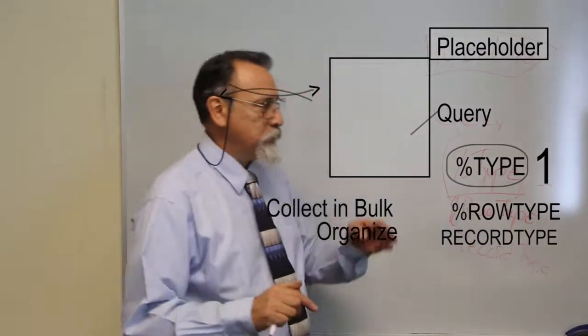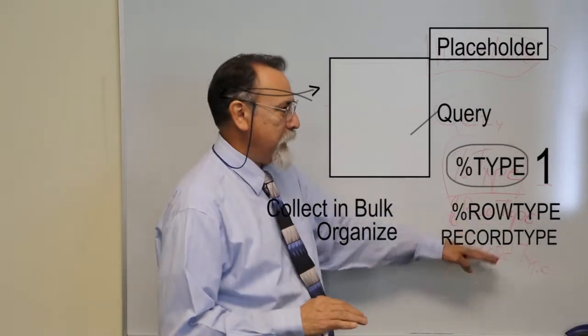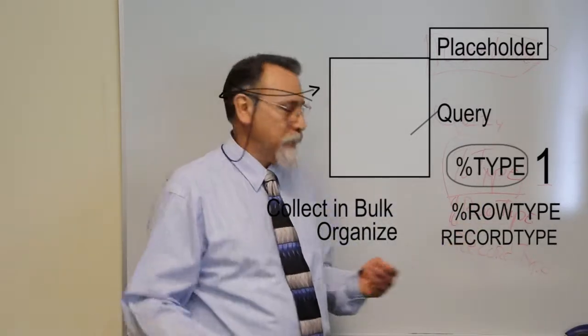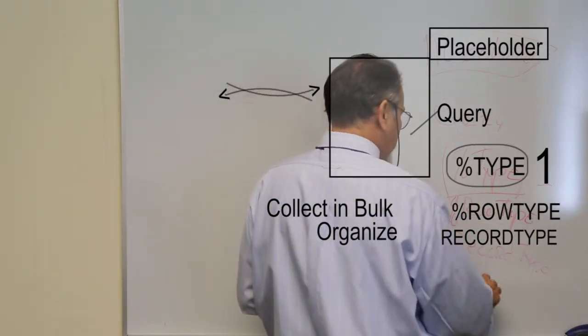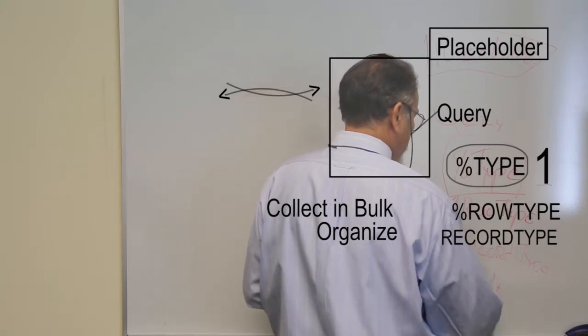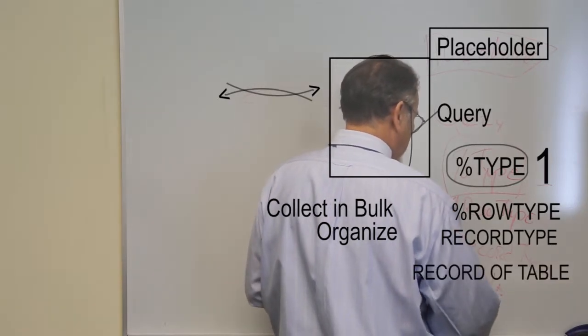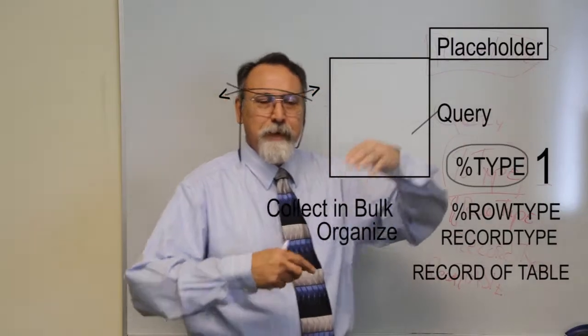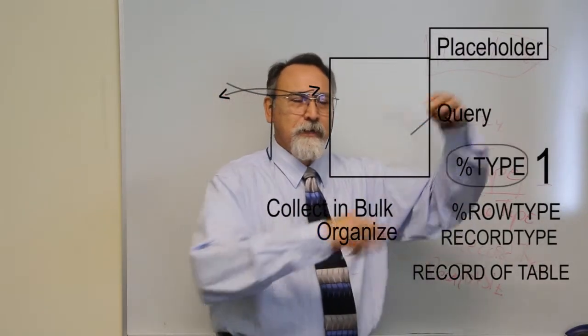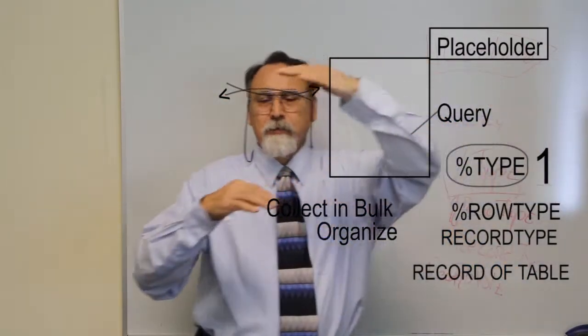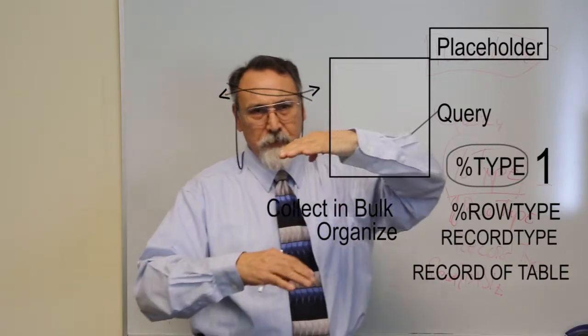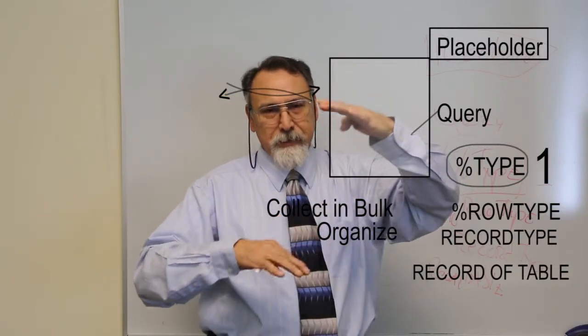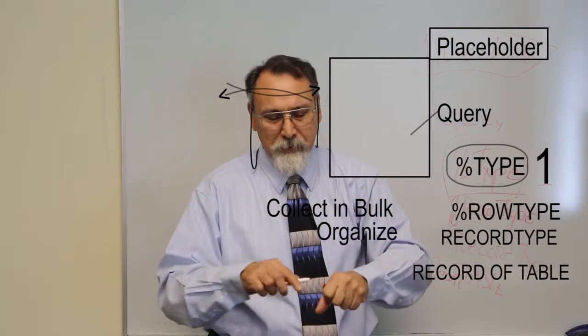So now what you can do is you have one item, and then of course there's what they call table. It's actually record of. What this allows you to do is develop a process, just like you have a table in the database, to create a parallel structure in the PL/SQL that will mimic a table in a database.